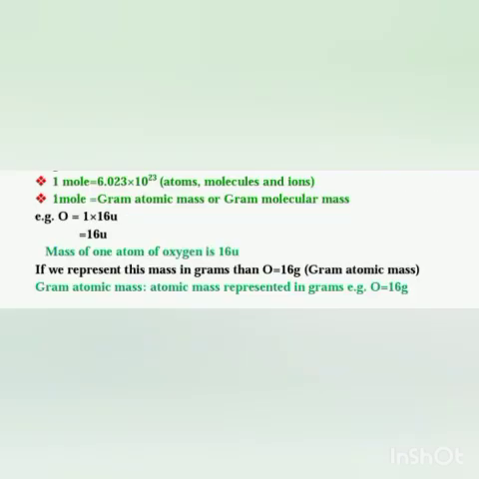And what is mole? It is easy, students. 1 mole of a species. Species means it can be atoms, molecules, ions or particles. So 1 mole of species is that quantity in number having mass equal to atomic or molecular mass in grams.